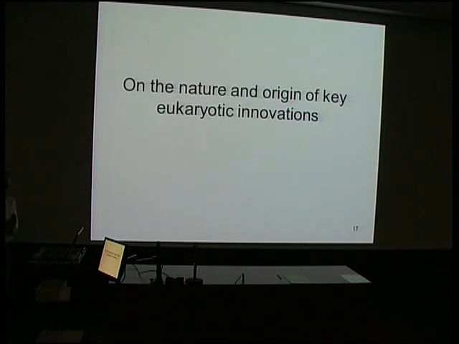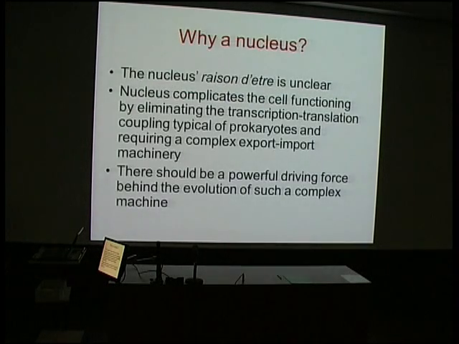So at this point I'll switch gears somewhat and discuss in a more biologically specific manner the nature and origin of the key innovations in the process of eukaryogenesis. Of course, if you think about the very word eukaryotes, well, in Greek that means those that have a true nucleus, the real nucleus.